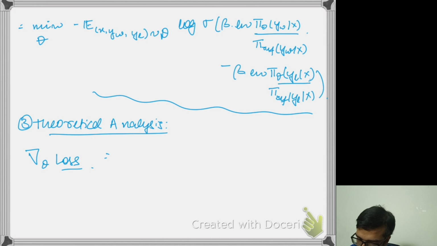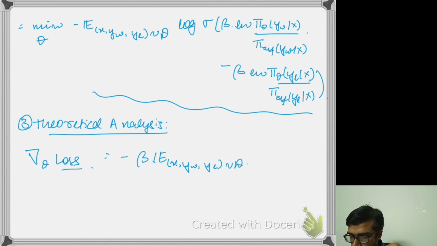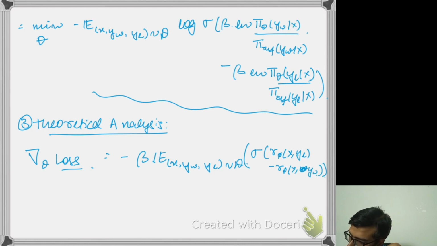So if we take the gradient with respect to theta of this loss, I will encourage you to actually compute the gradients yourself, but you will find that this equals minus beta times expectation of x, y win, y lose coming from data set, and inside this expectation I have sigmoid of r phi x y lose minus r phi x y win.